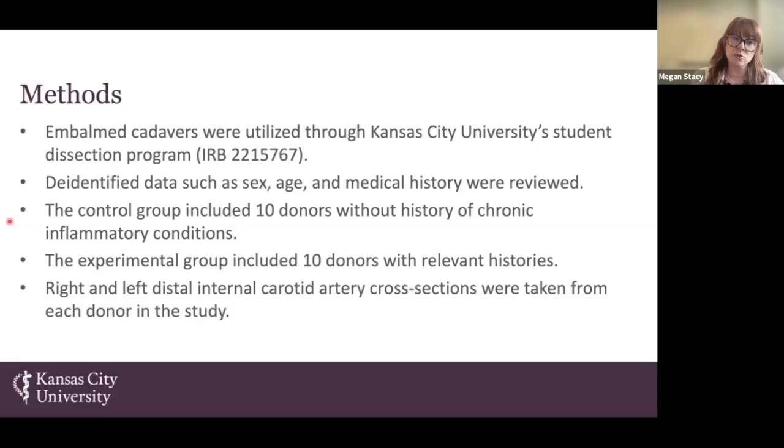I had a control group of 10 donors without histories of chronic inflammatory conditions, and an experimental group of 10 donors that do have relevant metabolic disease history. From those, I took small cross sections of their distal internal carotid artery right before it bifurcates into anterior and middle cerebral arteries.